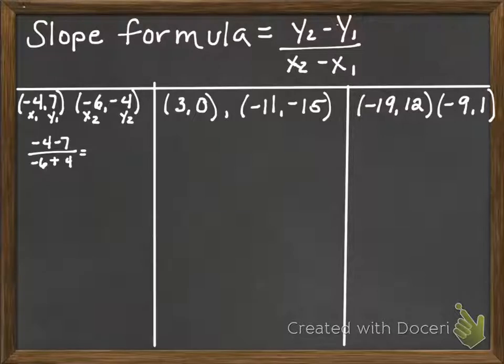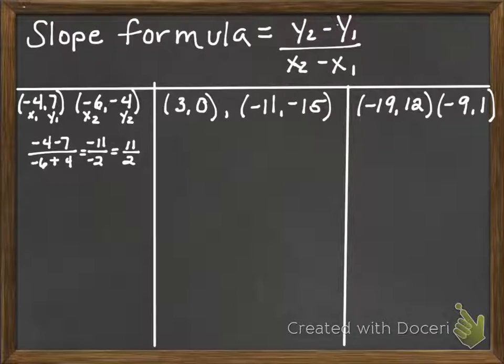All right, so I have negative 4 minus 7, and that's going to give me negative 11 over negative 6 plus 4 is going to give me negative 2. And again, I know that two negatives are going to make a positive, so my slope is going to be 11 over 2. And so that's how we would use two coordinates in order to find our slope.